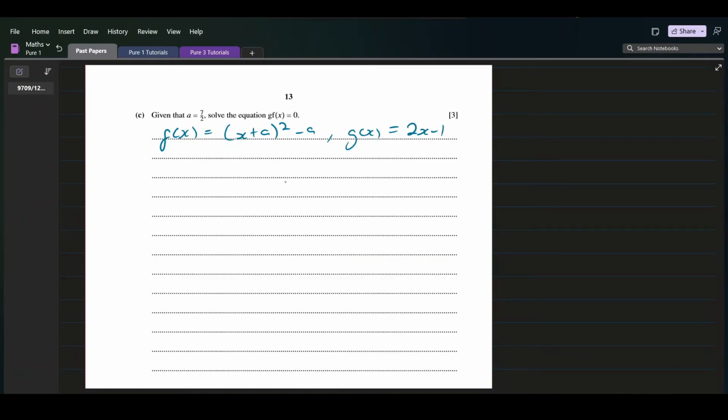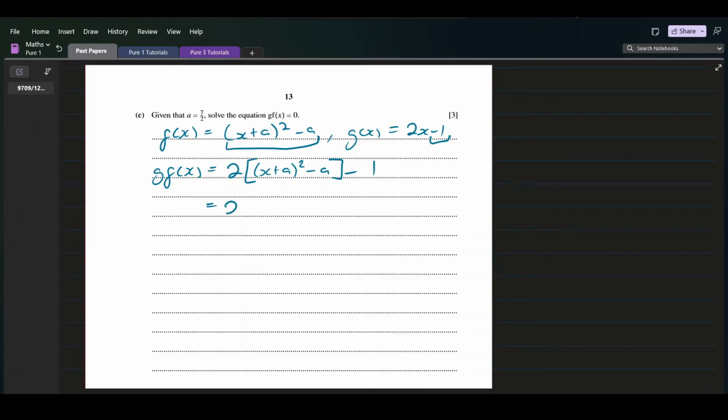So we're putting f of x into g. So g f of x is equal to 2 times, we're putting this whole function here, x plus a squared minus a, minus 1.